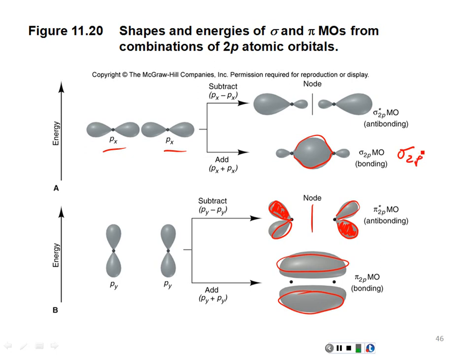And again, the opposite, the anti-bonding orbital that would form from these two atomic orbitals would look like this top picture, where you could show the failure to interact, something like this. They're out of phase, and that is the sigma star 2p molecular orbital.